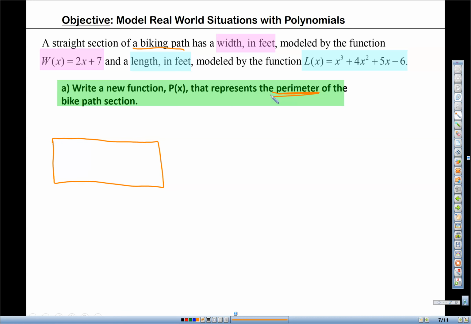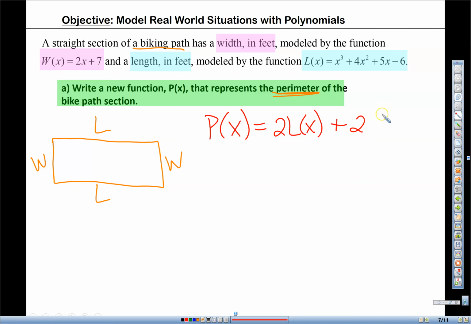I need to recall that to find the perimeter I would add up all four sides, and I have two sides that are lengths and two sides that are widths. There are different ways that I can look at this. I could just add all four individually, or I could do a shortcut where I multiply each of them times 2 and then add those quantities together.